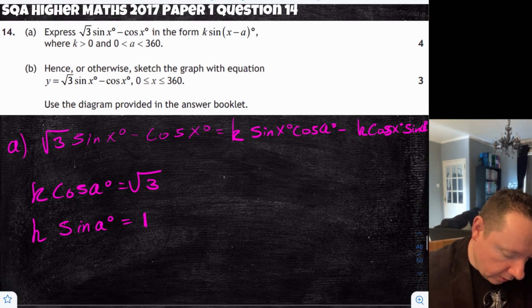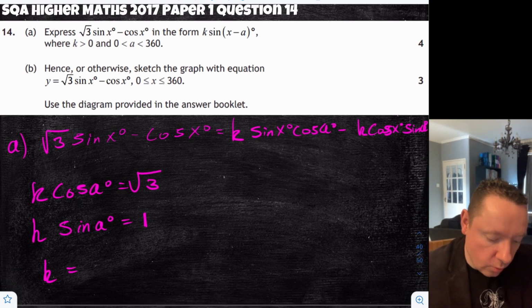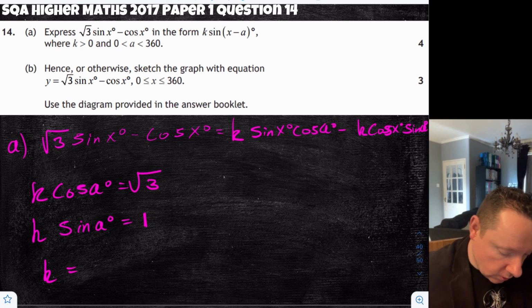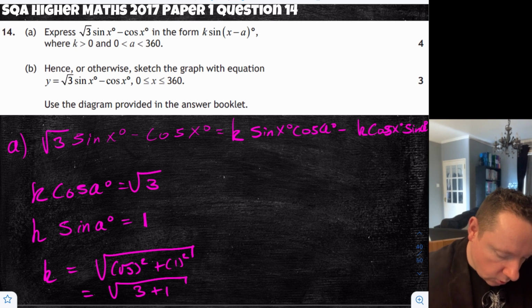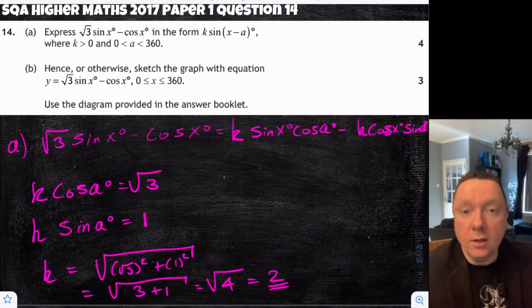So that means that our k, because sine squared x plus cos squared x equals 1, gives us the square root of root 3 squared plus 1 squared. So that is the square root of 3 plus 1, which is the square root of 4, which is 2. So our k equals 2.